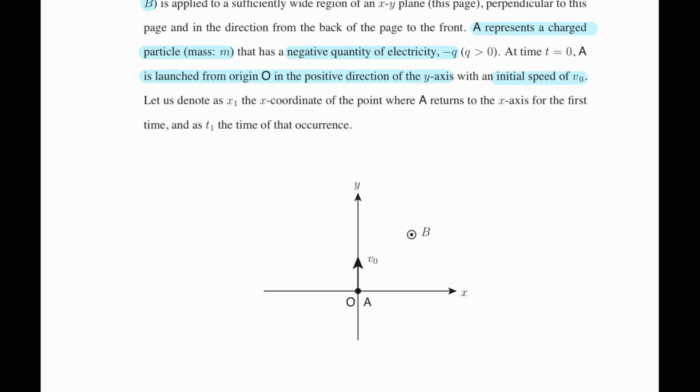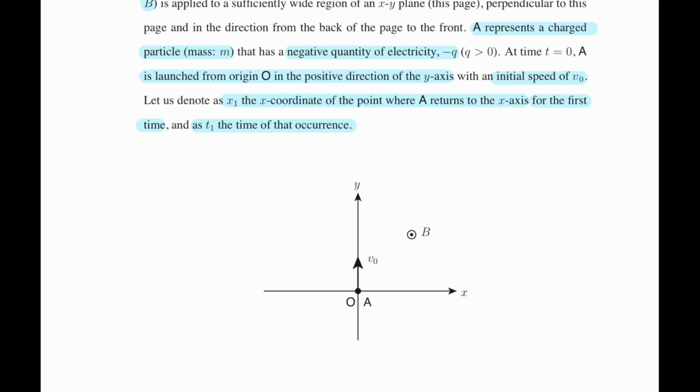Let us denote x1, the coordinate of the point where A returned to the x-axis for the first time, and t1 the time of that occurrence.